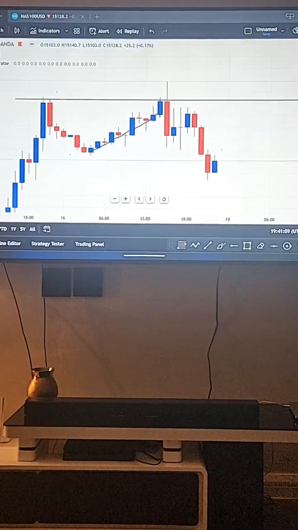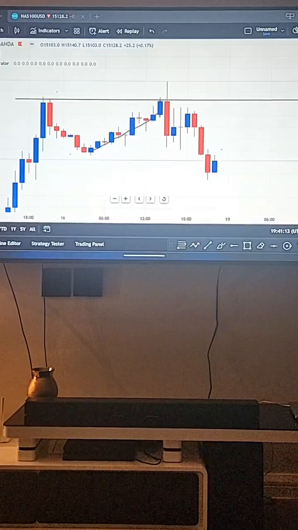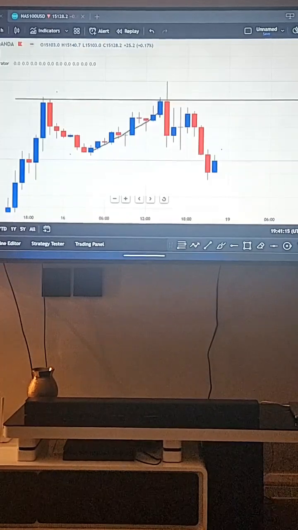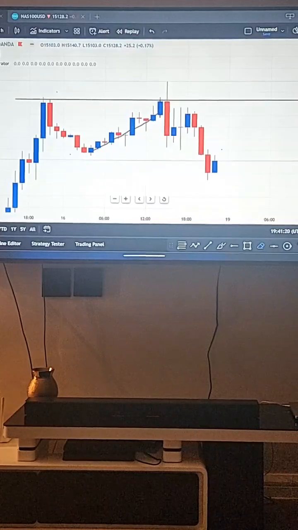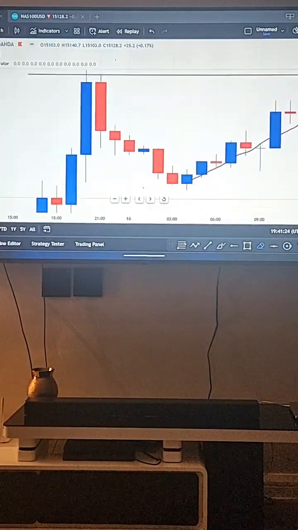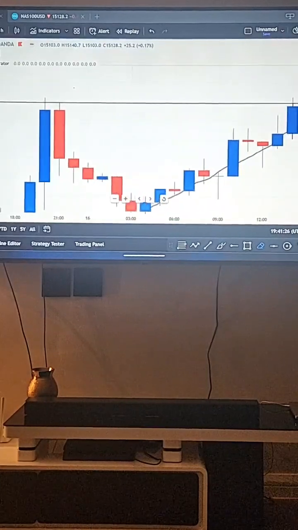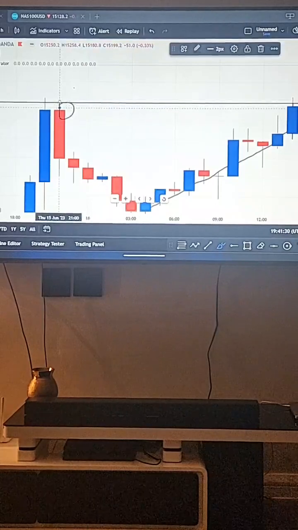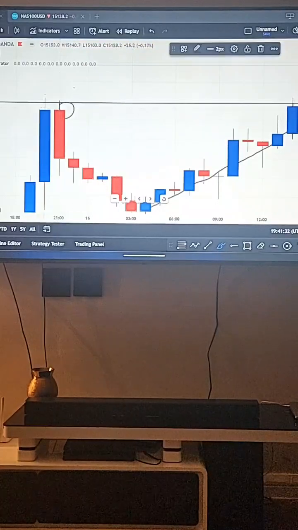Why would I say, listen, they're not going to go lower yet? Because over here, let's quickly open this up so everybody can see here. You can see that these guys over here failed to take out the high over here.